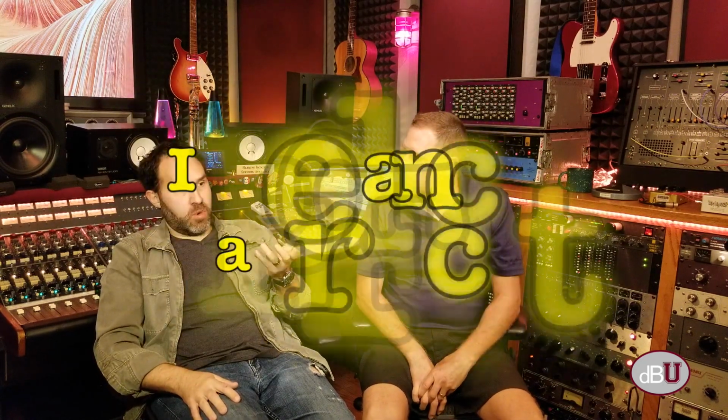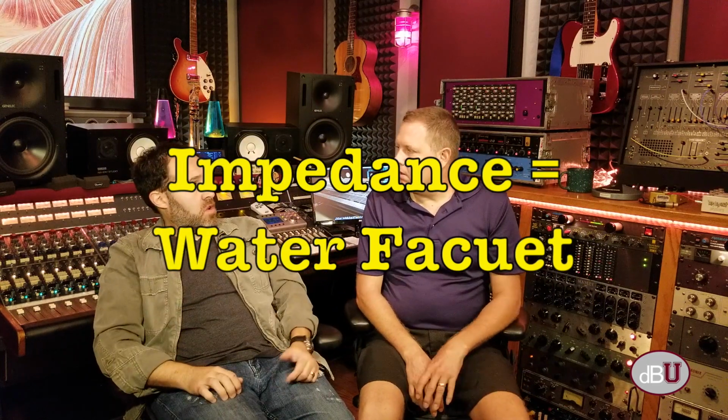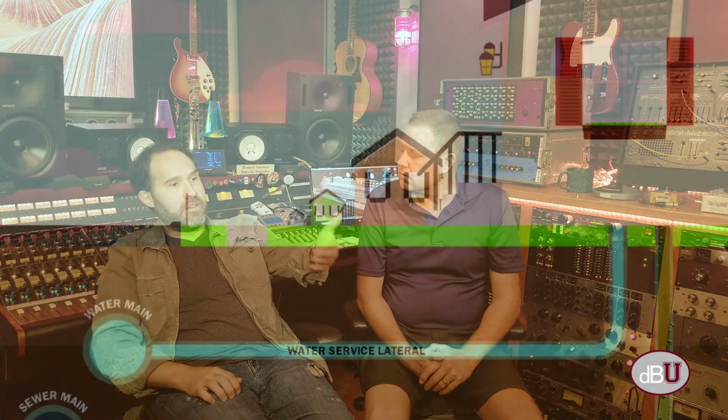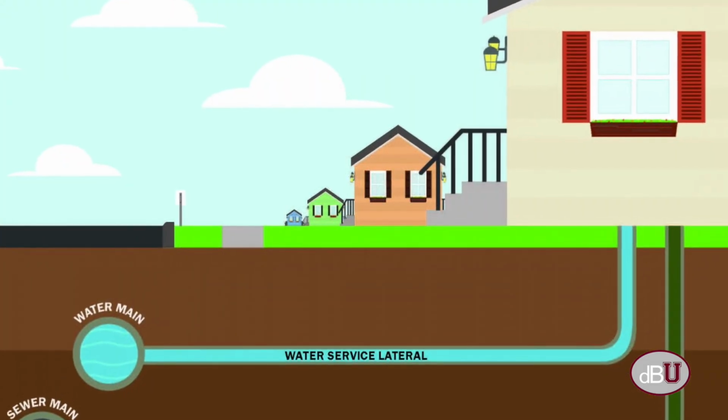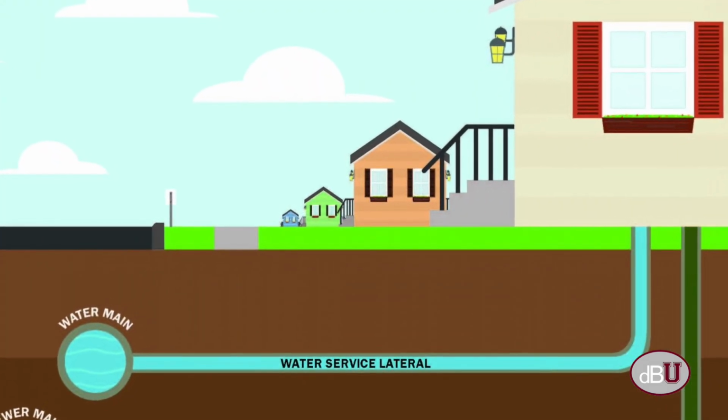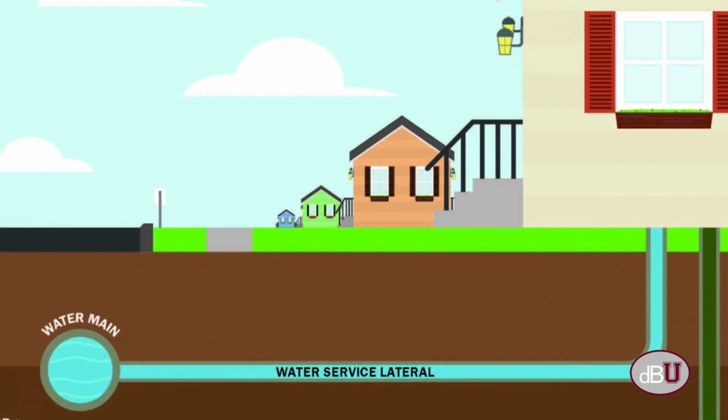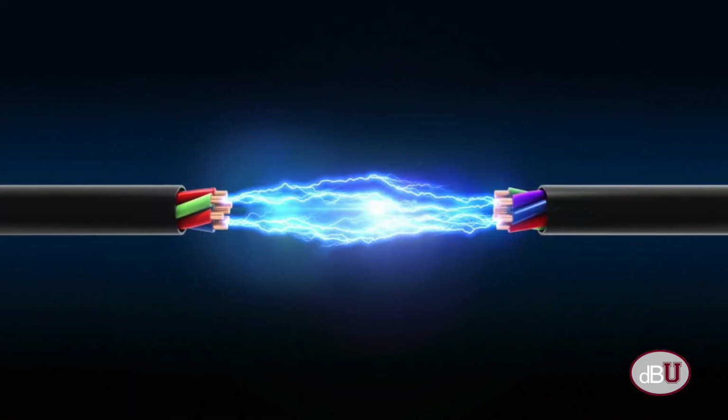Sure. I can use a really simple analogy, which would be a water faucet. So you know that when you have a water service coming in from your street, from your local utility, that water is at the ready for you. That's potential, which in our analogy, the water pressure would be voltage. It's waiting for you there.